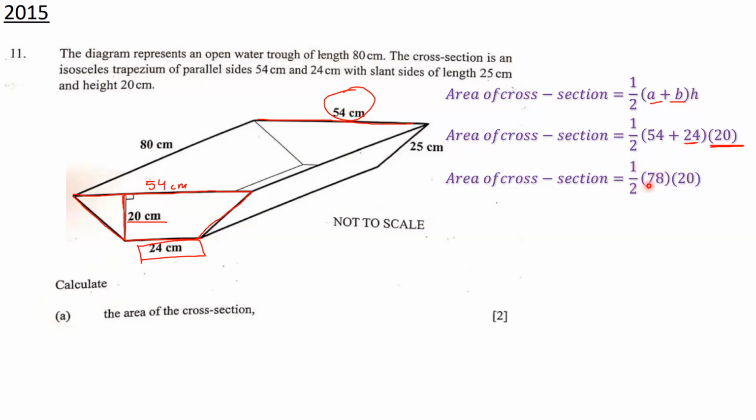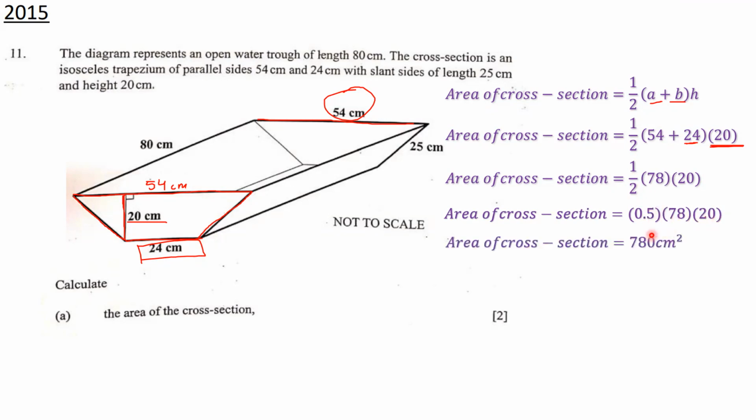What is a half? A half is 0.5. So we have 0.5 times 78 times 20. When we multiply that out, we get 780 centimeters squared. So the area of the cross section is 780 centimeters squared.